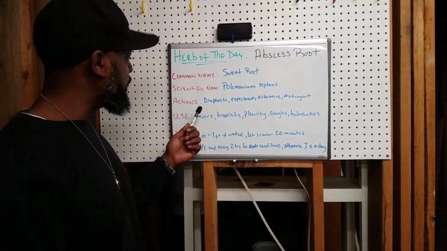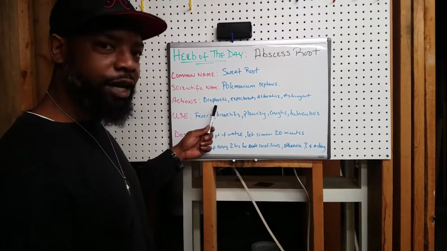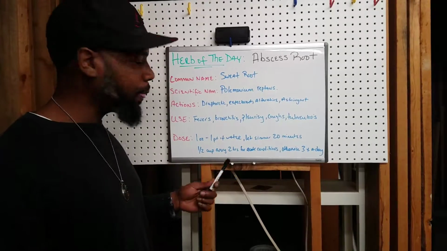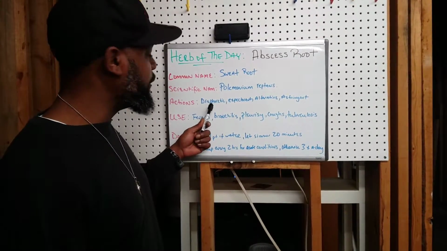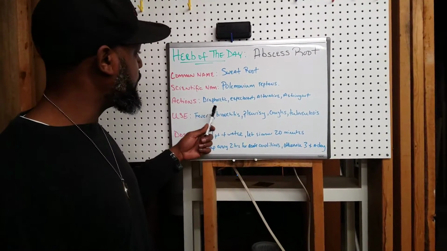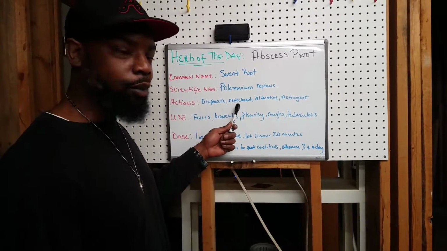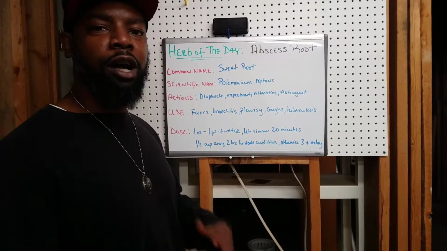So here we see that the actions for this particular root is it is a diaphoretic. A diaphoretic is something that will induce sweating. And this is very important for when you have fevers and when you want to try to detox the skin and things of that nature. It is also an expectorant. What is an expectorant? It is something that induces a person to cough up mucus.